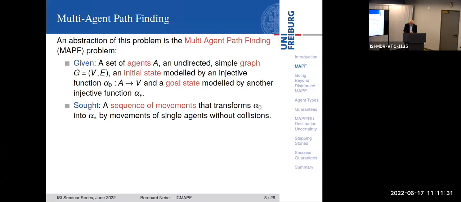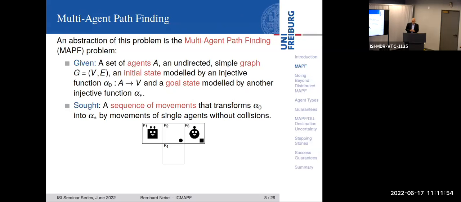You also have a goal state, which again is an injective function that tells you where the agents want to be in the end. And what you want to find is a sequence of movements that transforms the initial state into the goal state by movements of single agents without collisions.